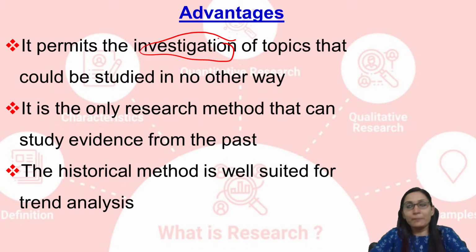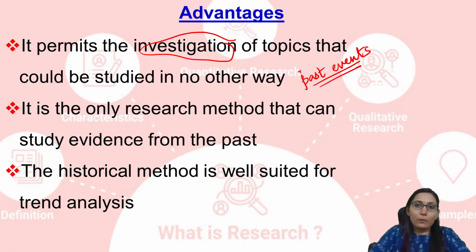Like for example, suppose you are doing a research on some past events, whatever has occurred in the past. Now, you don't have any other option. There is no option to collect the information, but to depend on the past evidences.